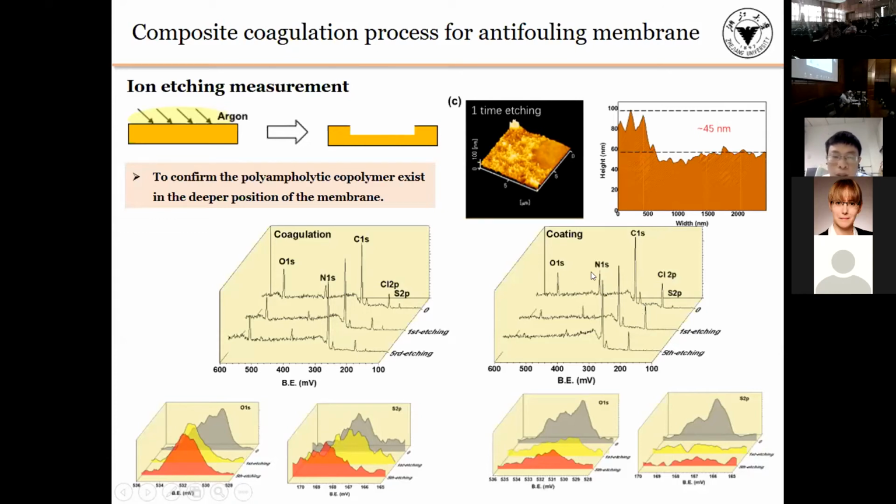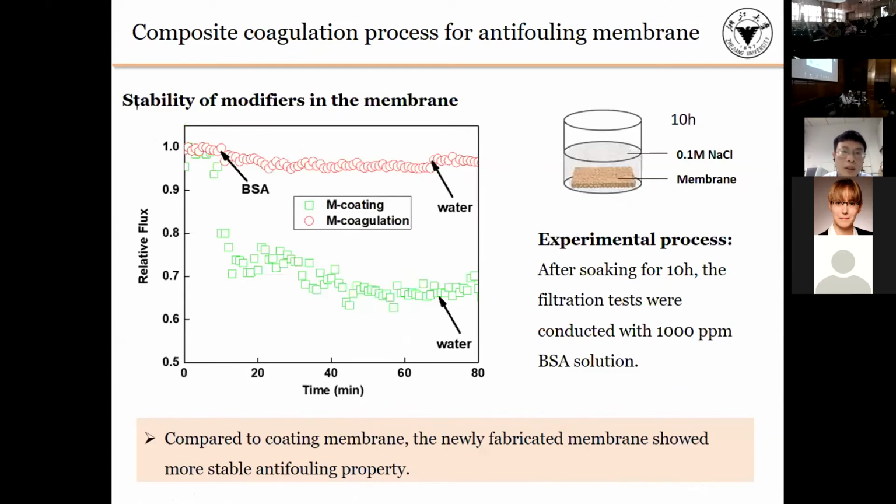That means the copolymer is just attached on the membrane surface by the coating, but for our method the polyamphiphilic copolymer exists in the membrane matrix and is dispersed well. So our membrane showed a very stable performance, much more stable compared to the coating method.